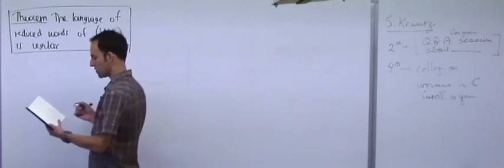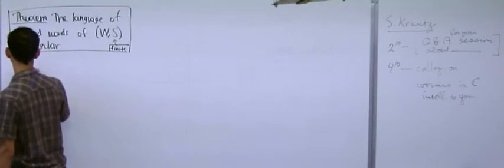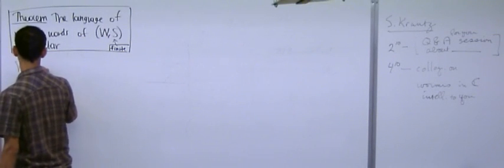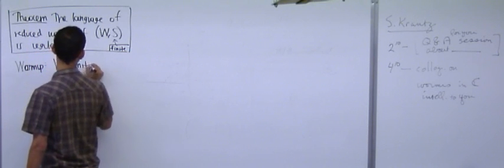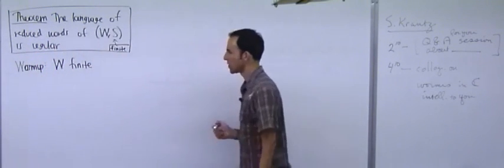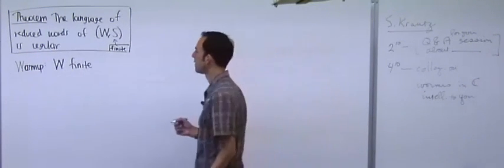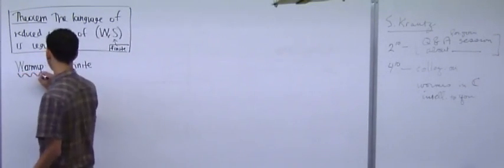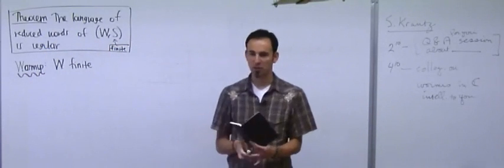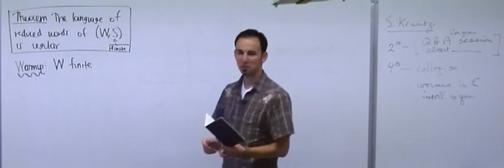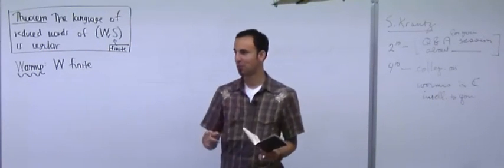So let's do a little warm-up here. Which is the case W finite. Okay? Now, the first thing I'll tell you about this warm-up is that you should be completely unimpressed by what I'm about to do. Why?